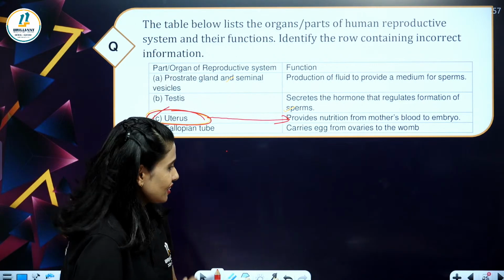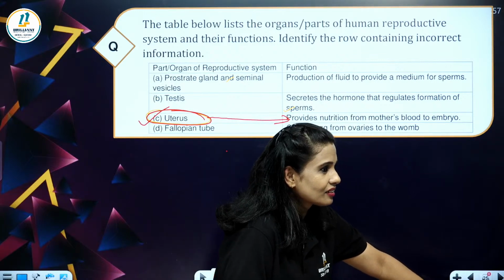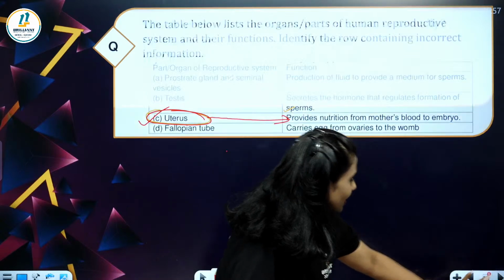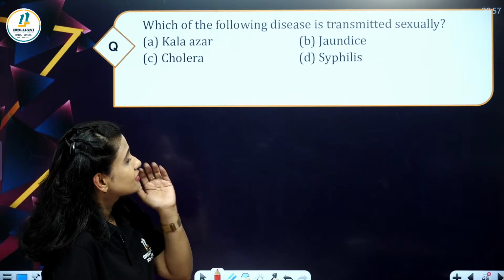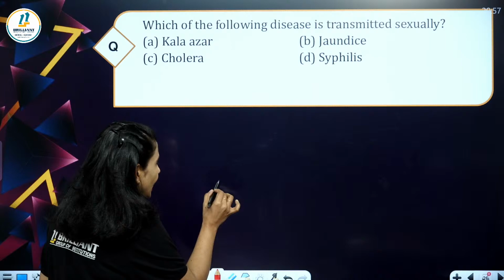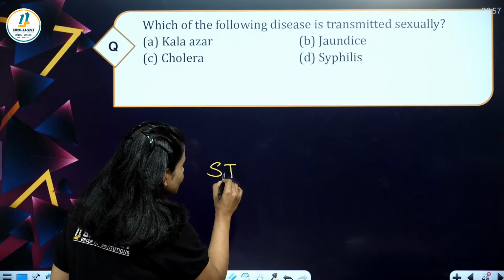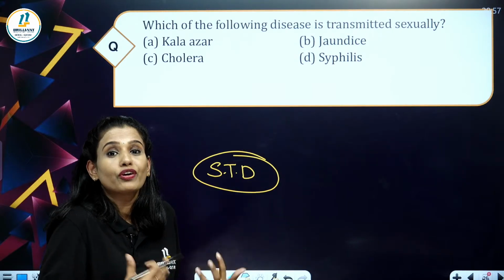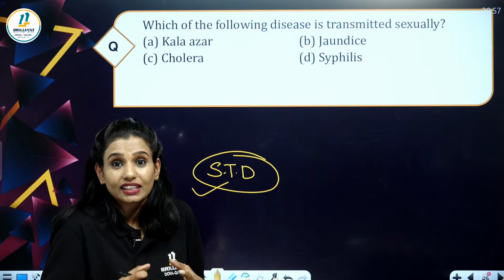Okay. Let's do the next one. Which of the following diseases is transmitted sexually? You have to find out again a sexually transmitted disease. The full form can also be asked in the exam: STD, sexually transmitted disease.